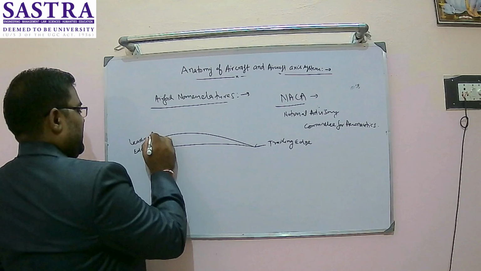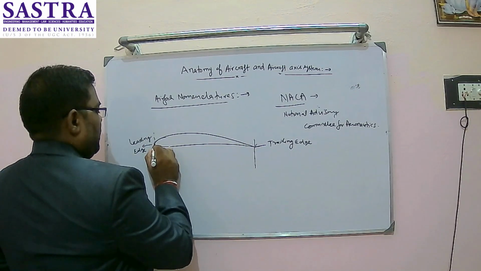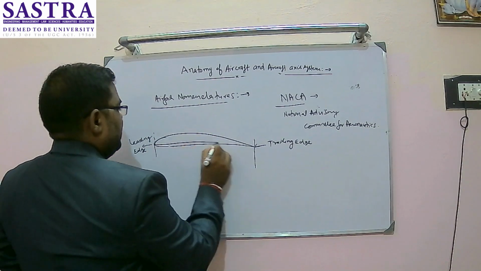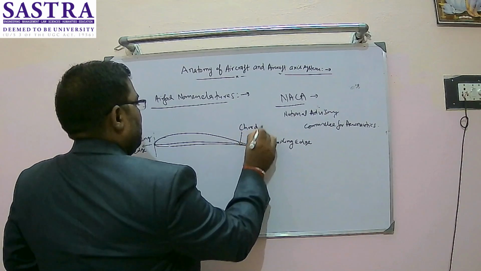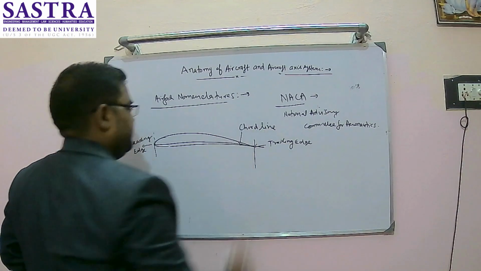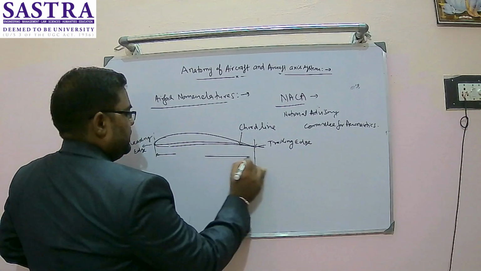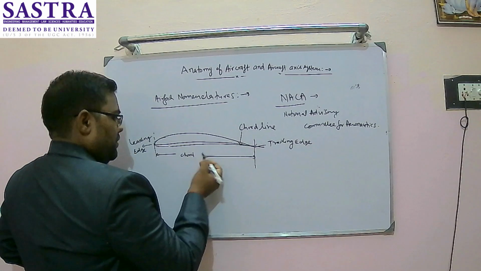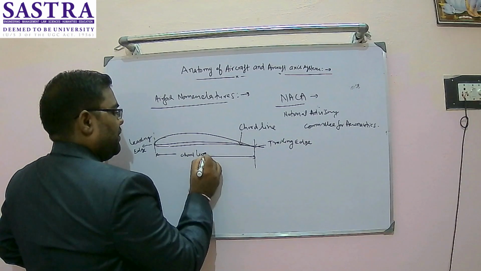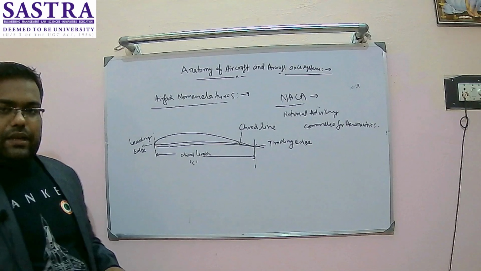If we connect these two points by the shortest distance line, this is known as the chord line, and the distance between these two points is known as the chord length, or just chord, denoted by c.